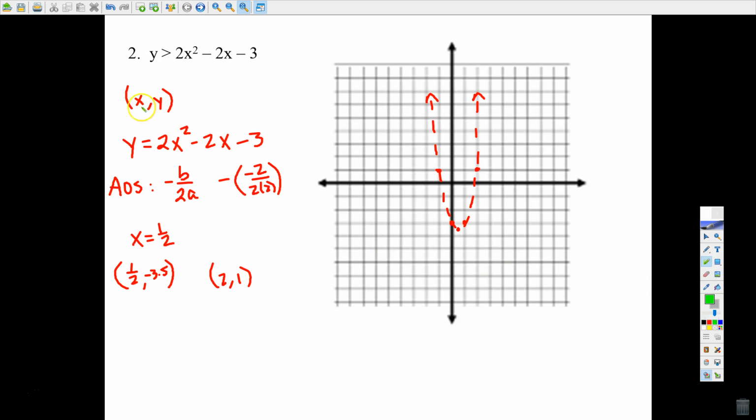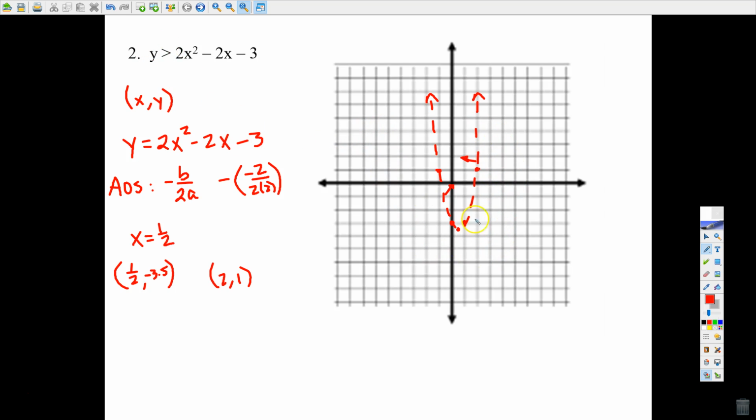Looking at the greater than symbol related to this parabola, greater than always means above the line when we were dealing with lines, and that same idea holds true with parabolas. Above would be in the area above both of these parts of the parabola. Below would be the underside or the outside of the parabola.